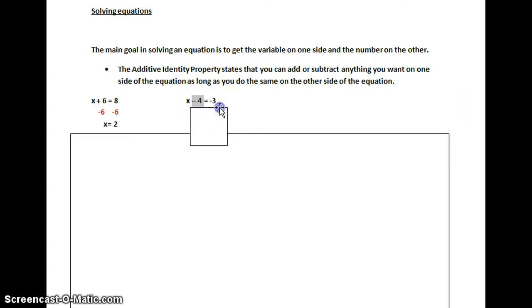It says subtract 4, so I'm going to add 4 to both sides. And notice what happens when I subtract 4 and add 4, I get just x. Now I add 4 over here. Remember our signs are opposite, so I really have to do 4 minus 3 to give me 1. This is the larger absolute value, so my answer is x equals 1.